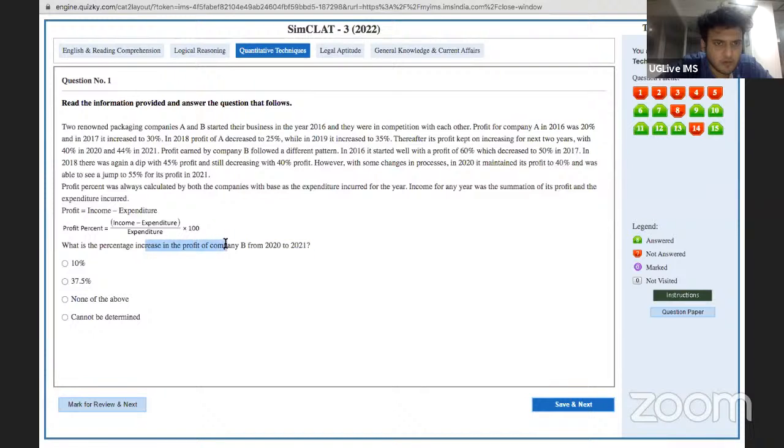What is the percentage increase in the company from 2020 to 2021?